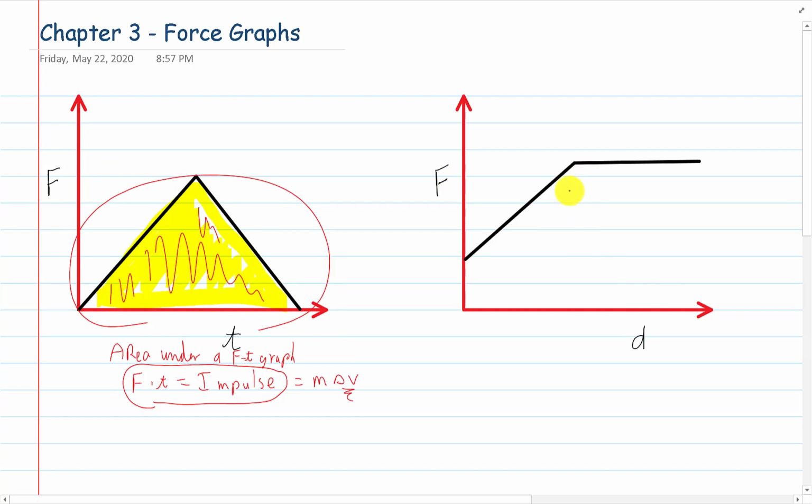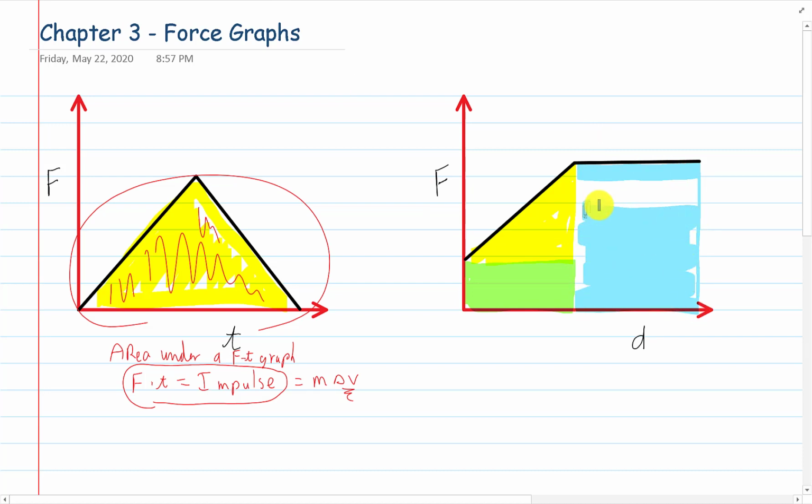Force distance graph. What does this give us? We had to calculate the area of this little triangle here and then add it to that little box, and then also calculate the area of this blue box. What would that give us?